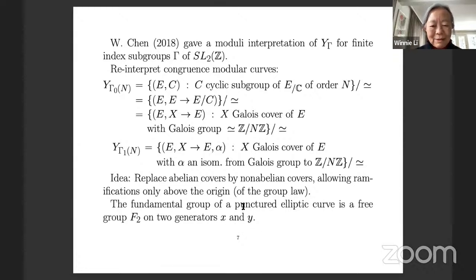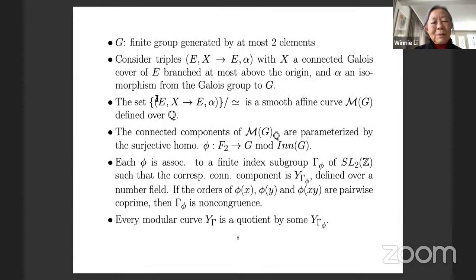So without that, the punctured elliptic curve has fundamental group which is a free group in two generators. Okay, so we take a G, which is a finite group generated by at most two elements.